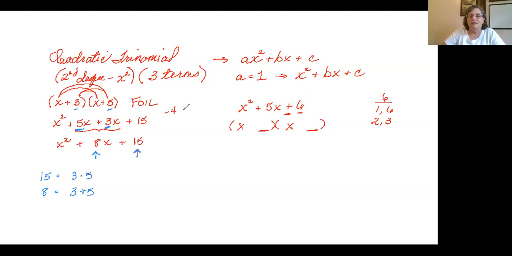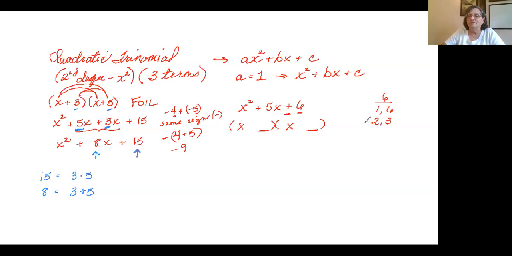Like -4 added to -5, because these have the same sign, we add the 4 and the 5, and the sign that we had was a negative for both of them, so it's going to be -9.